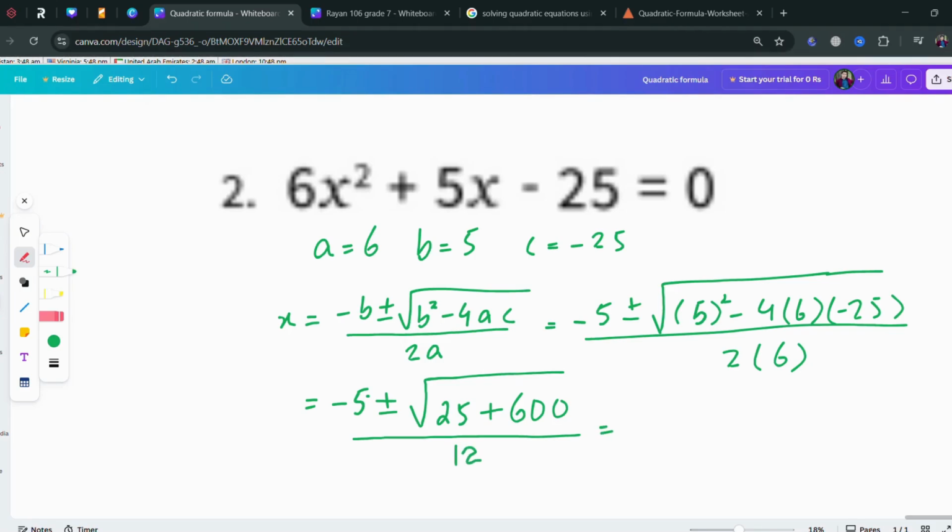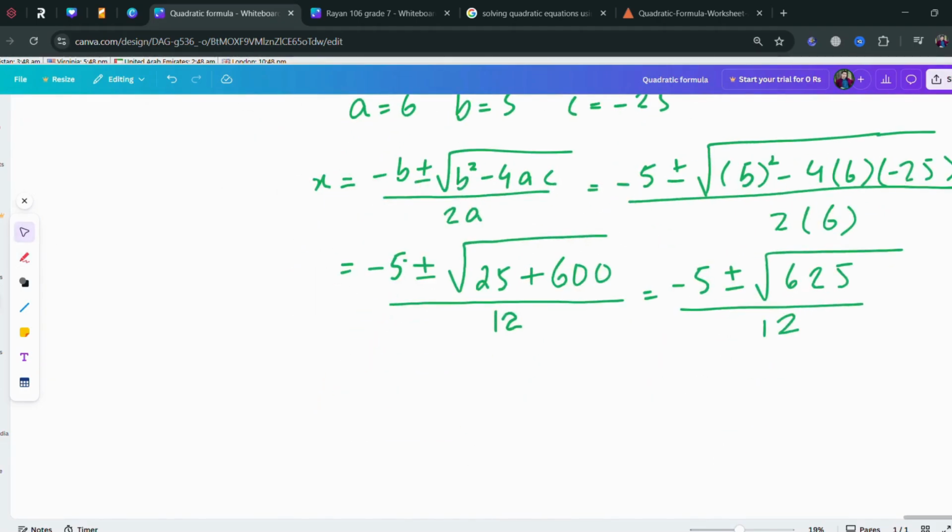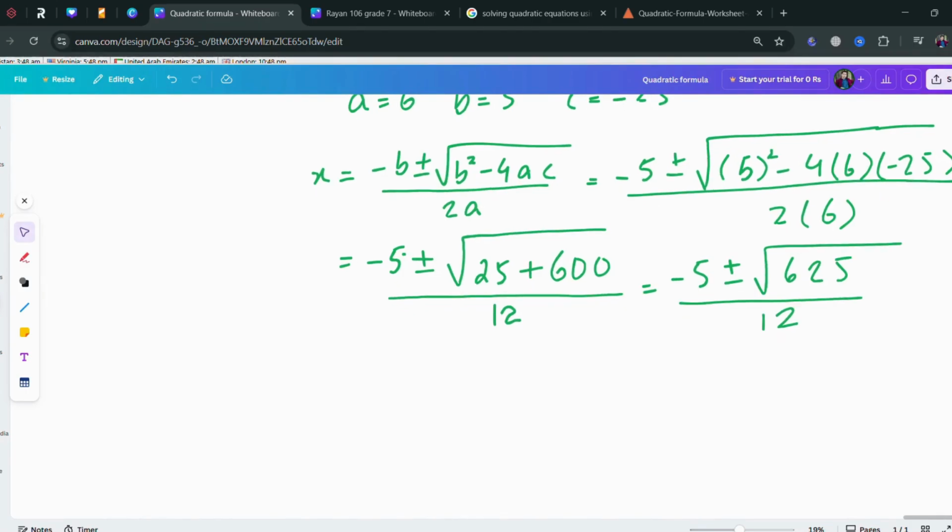So if you solve it further, minus 5 plus minus 625, right? If I take the radical, I'm going to get radical 625, that's actually 25, okay? So x equals minus 5 plus minus radical 625, which is 25, over 12.